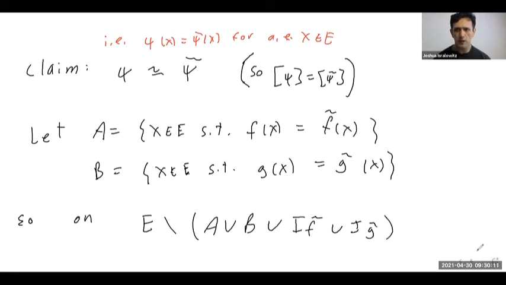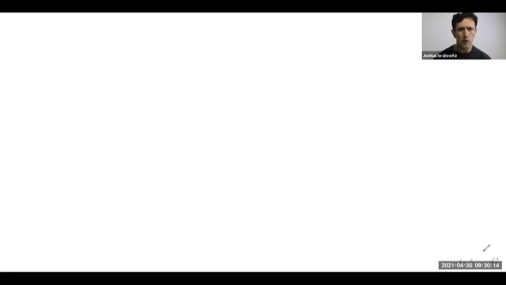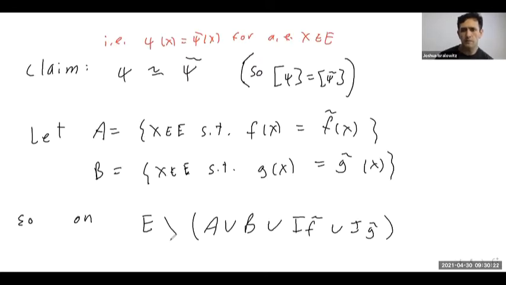Okay, so on this set here, what do we have? Well, we have psi tilde of x. We're taking away possibly more than just I_f tilde. So psi tilde is an extension of f tilde plus g tilde on E take away I_f tilde union I_g tilde.